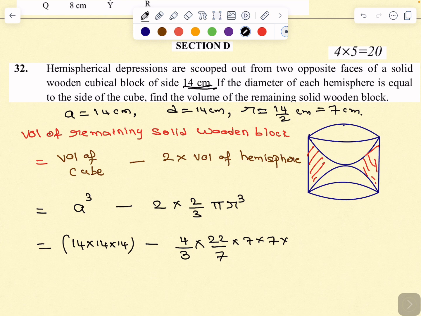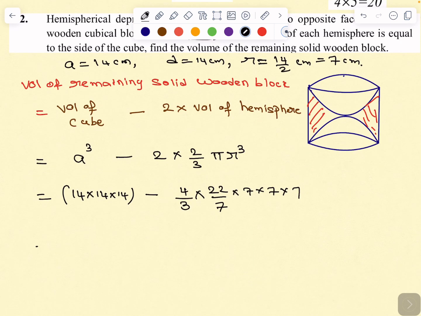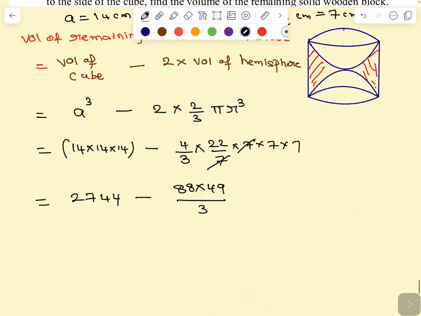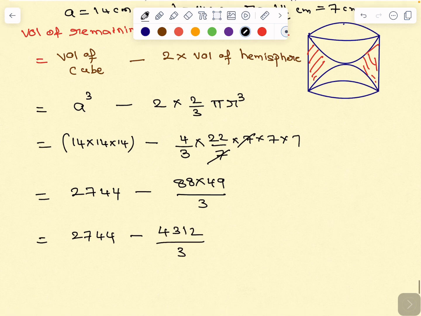Okay, now you do this calculation. 14 into 14 into 14, when you multiply this you will get 2744, and you cancel this 7 and 7, and 4 into 22 is 88, 88 into 49 by 3. So 2744 minus 88 into 49, which is 4312, by 3.